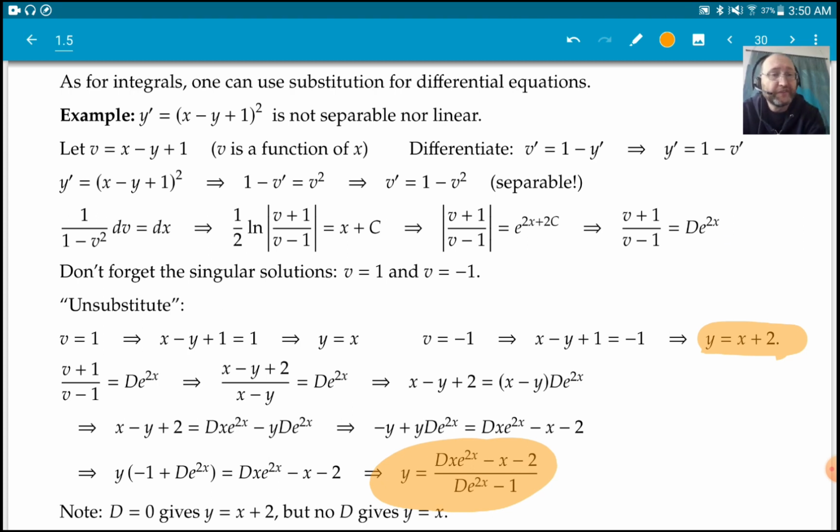You can also see it over here, because when d is 0, that's the same thing as the left-hand side being 0, and that's the same thing as the numerator being 0. Well, that's v equals minus 1, that was this particular solution. But you cannot get this one by some d. There's no d that gives you y equals x.